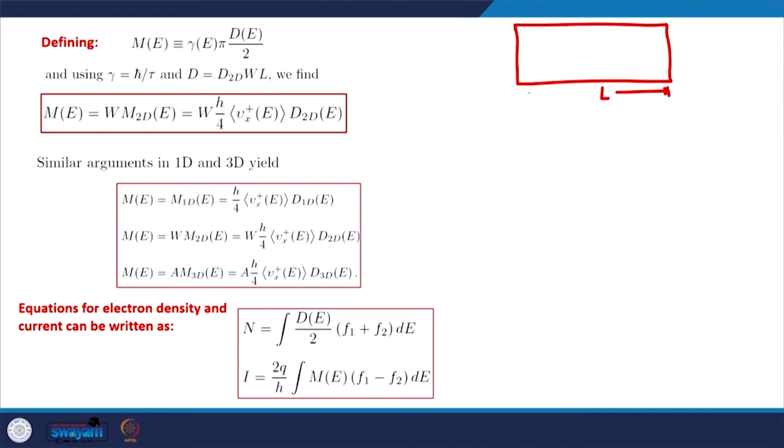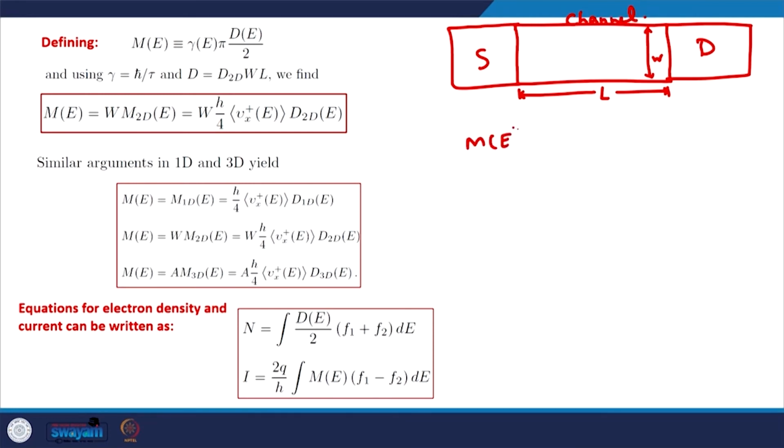We have the length, the width, the source contact, and the drain contact. This is the channel. The number of modes in the channel is given as, from here, W times h by 4 times the average velocity in the x direction.